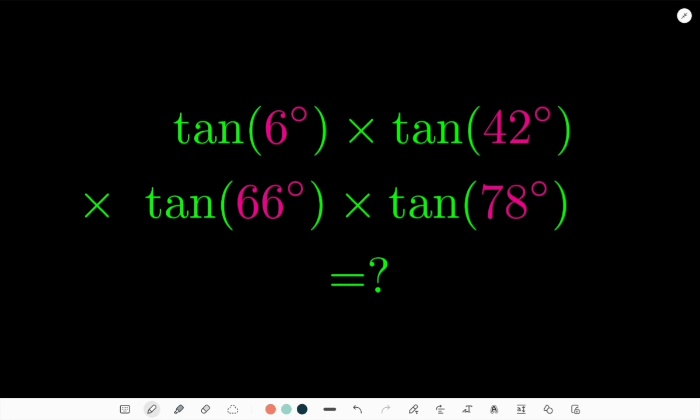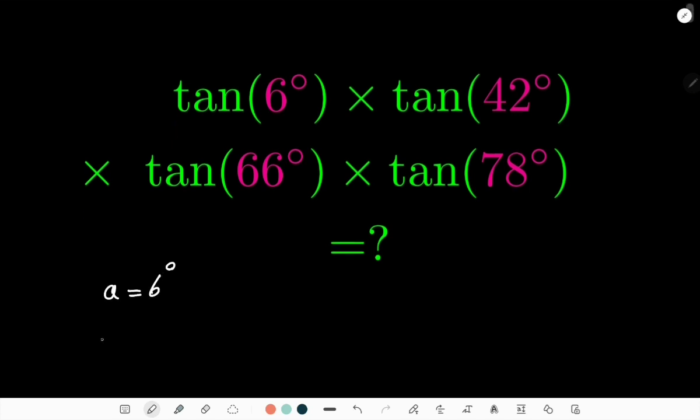Let us see if we can first simplify a little bit what the problem wants us to find. If I take A to be 6 degrees, then I can say 42 is basically 36 degrees plus 6. And we know actually pi over 5 is nothing but 36.